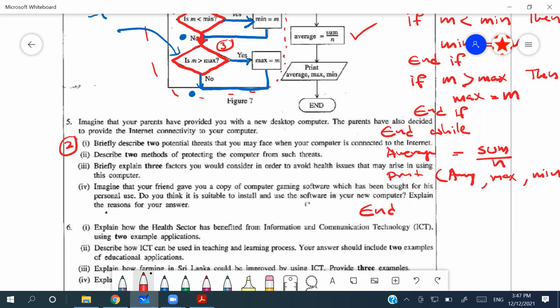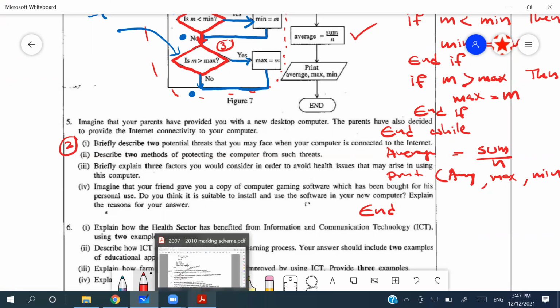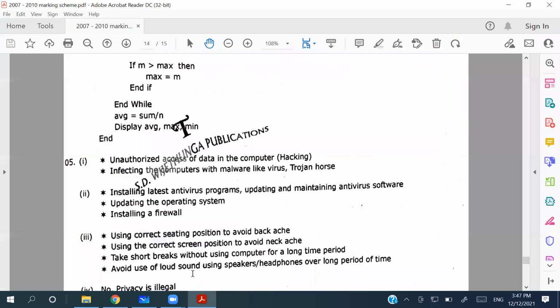Second part says, describe two methods of protecting the computer from such threats. So we can have an antivirus software, as well as we can install a firewall, as well as we can keep updating the operating system. So it will give all the compatibilities and all the security options.